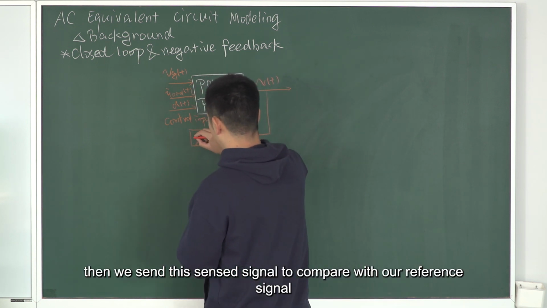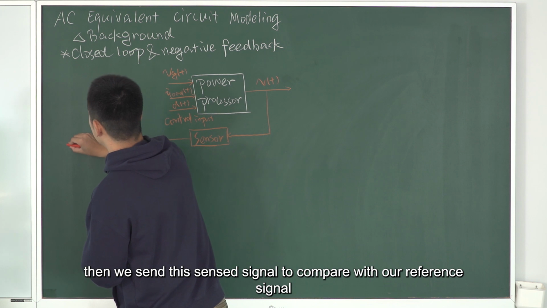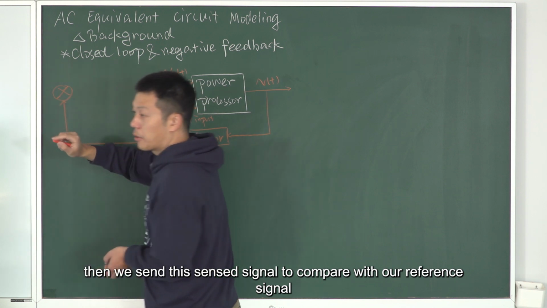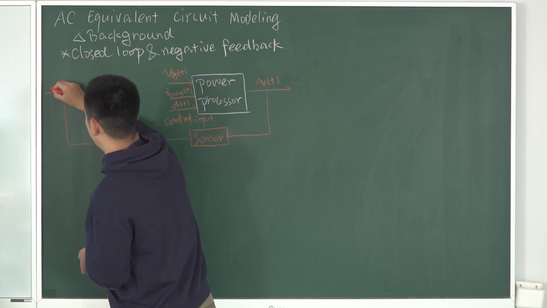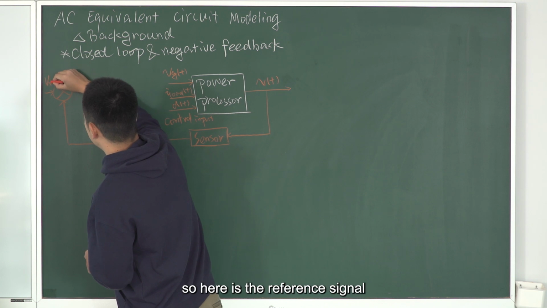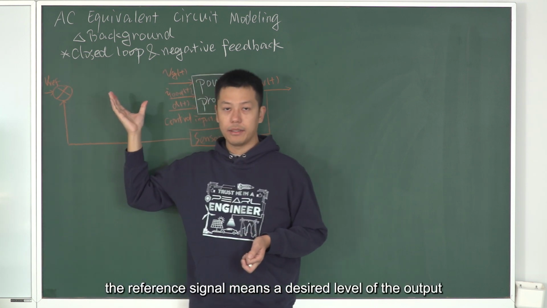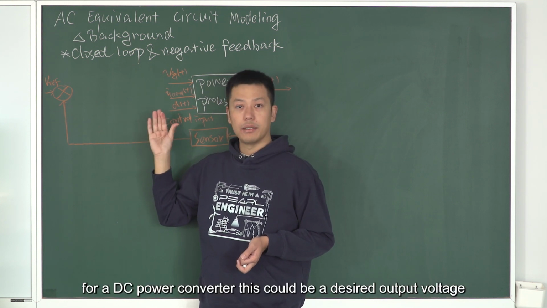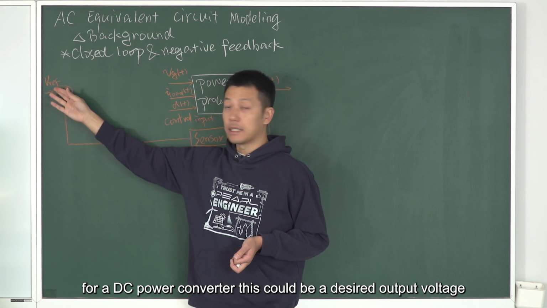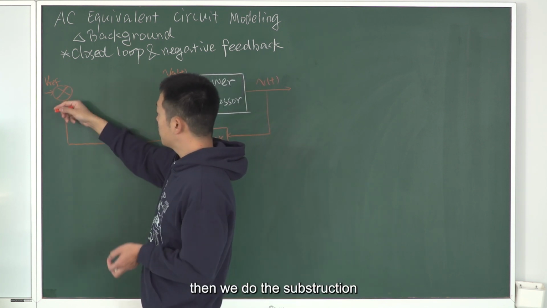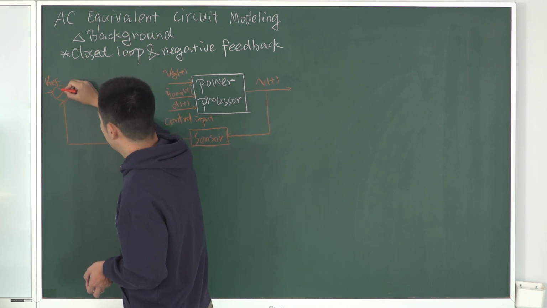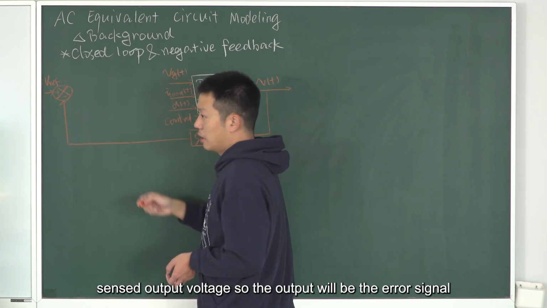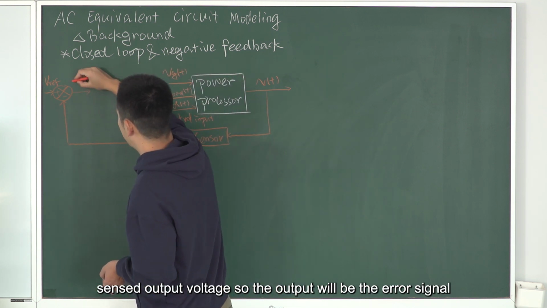Then we send this sensed signal to compare with our reference signal. The reference signal means our desired level of the output. For a DC power converter, this could be a desired output voltage. Then we do the subtraction. We subtract the sensed output voltage from the reference voltage, so the output will be the error signal.